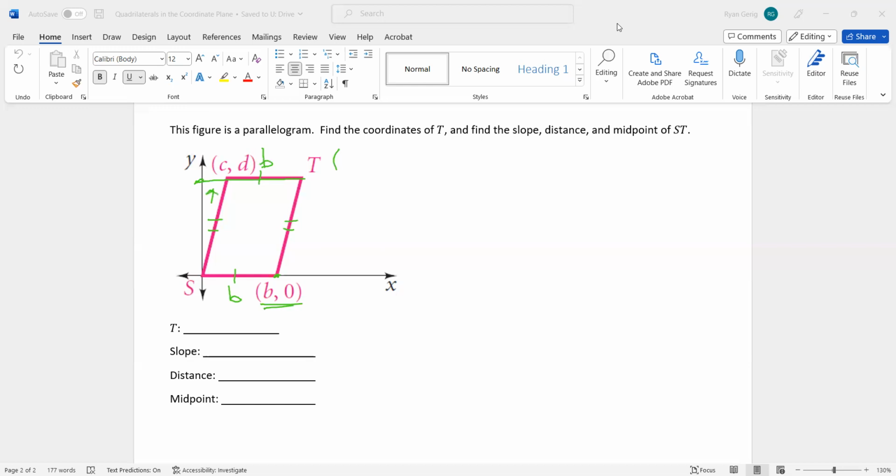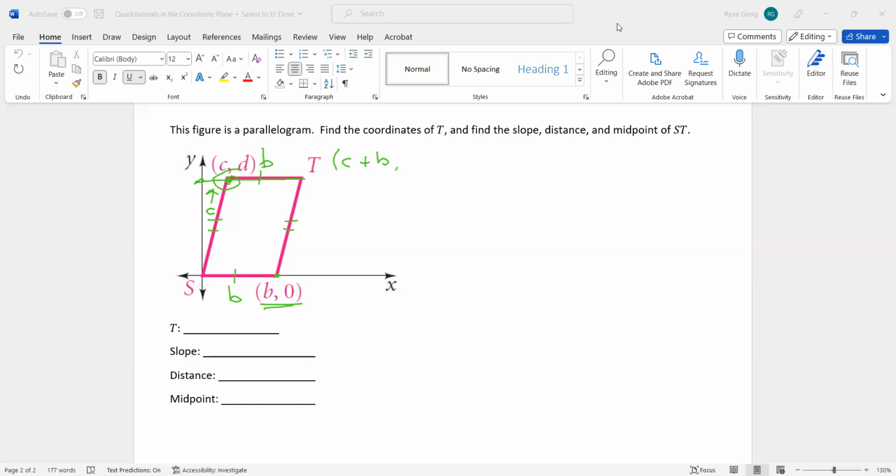Well, what's that distance right there? Well, I'm going to use this coordinate here to help me with that. How far is that point right there that I have circled from the y-axis? We'll look at the coordinates. (c, d), that's the x coordinate. So that distance there is c, which means from the y-axis all the way to T is c plus b.